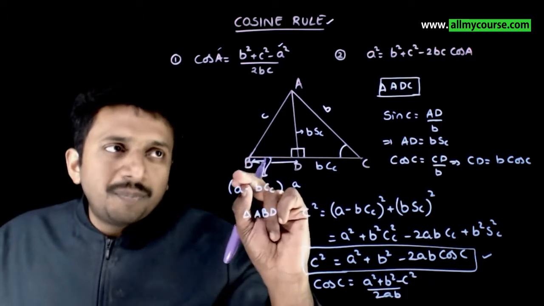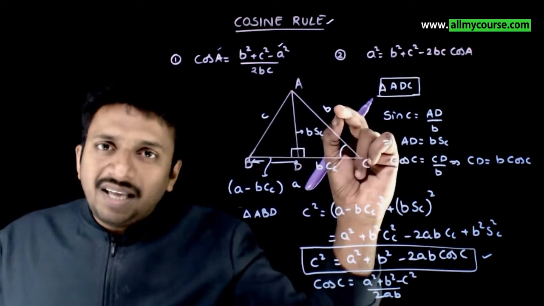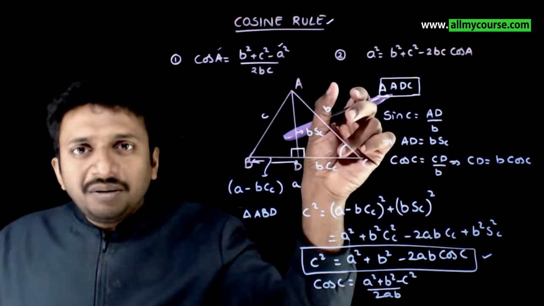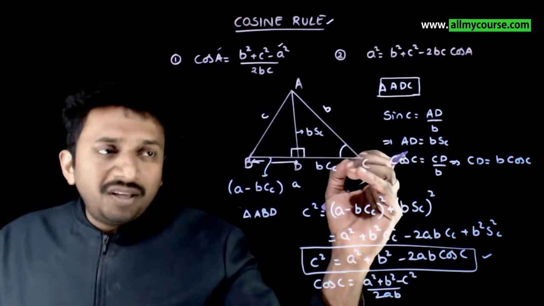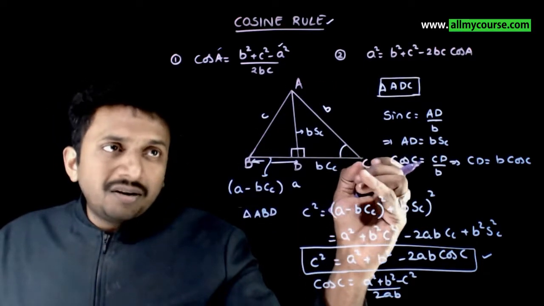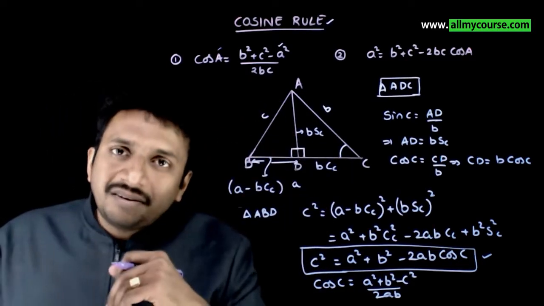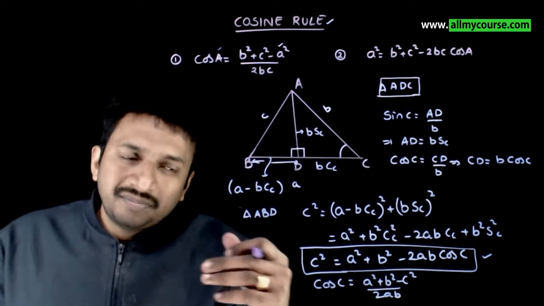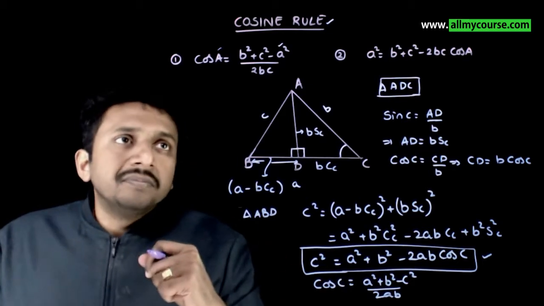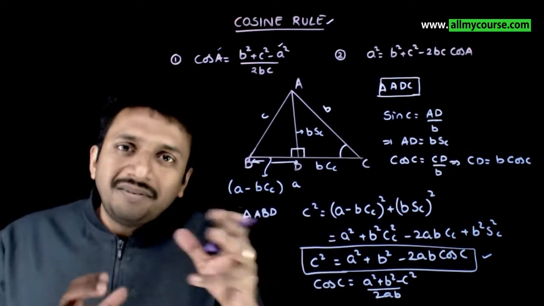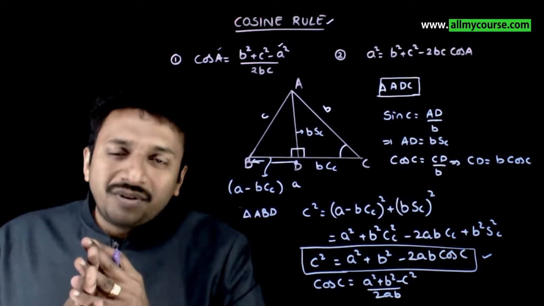If you drop the perpendicular onto side AC, you get the formula for b square. If you drop the perpendicular onto side AB, you get the other ratio. So in this way you can derive the cosine rule for a triangle.